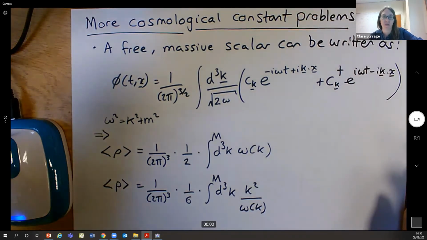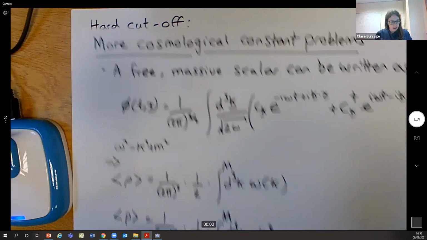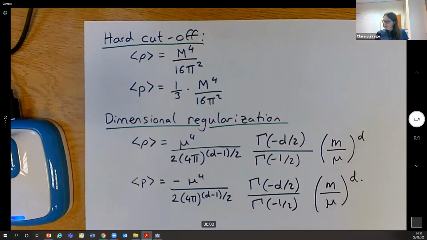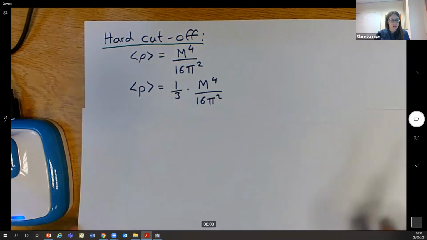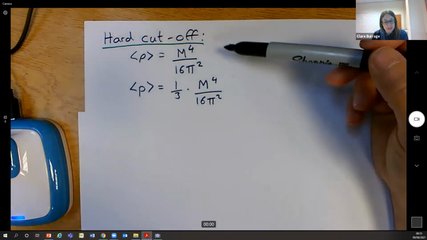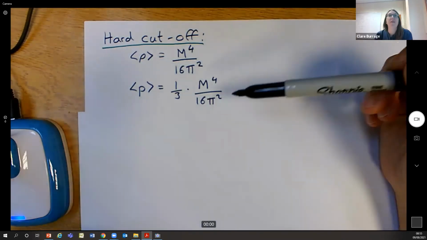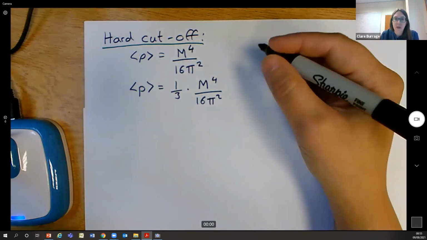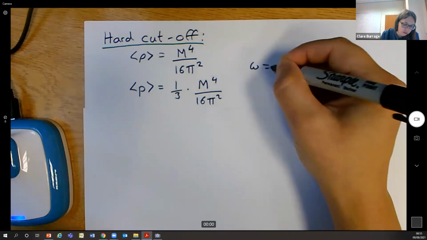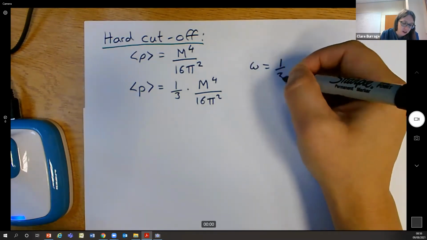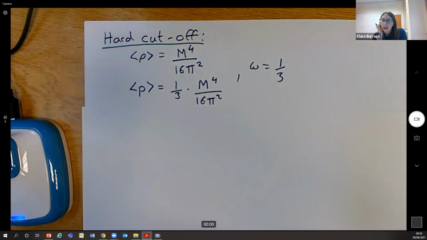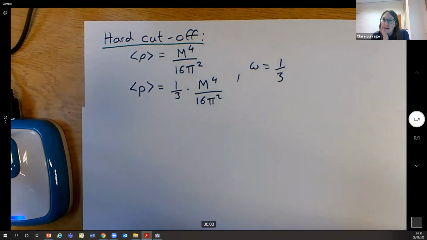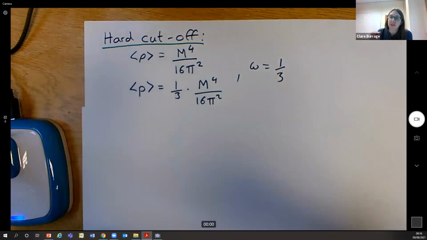That certainly solves the problem of them blowing up, but what you find is that these are your answers, okay? And that's a problem because if we take the ratio of those, we find that w is equal to 1/3. So this doesn't look like a cosmological constant at all.